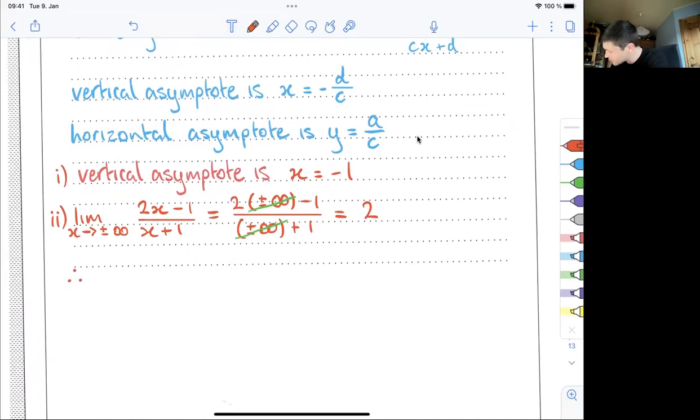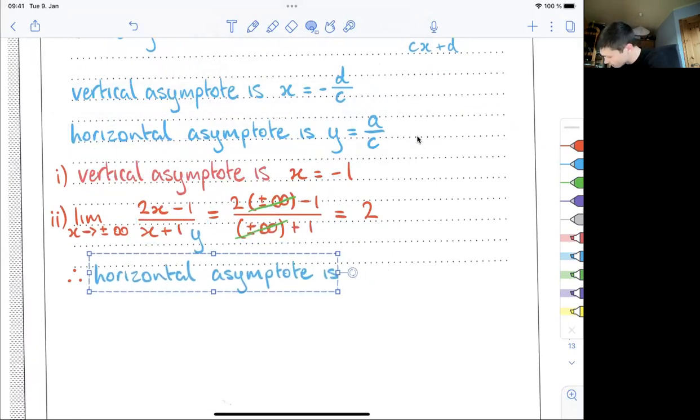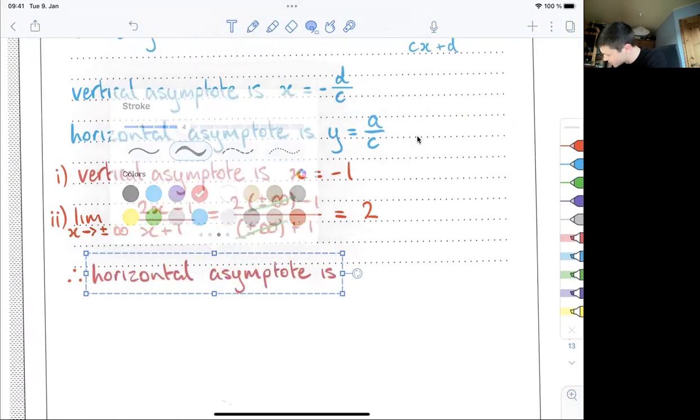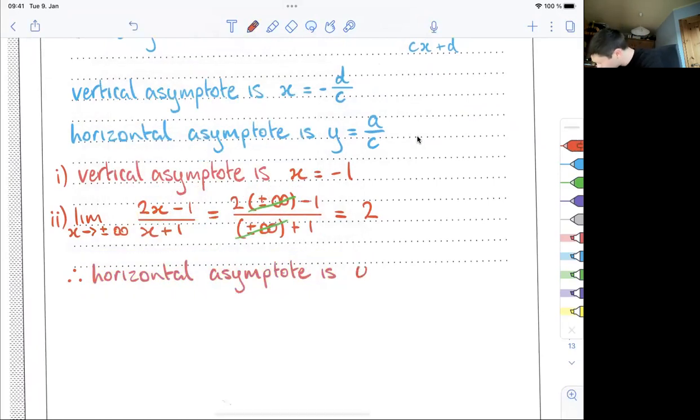Therefore the horizontal asymptote, I'm just going to copy this, is y = 2.